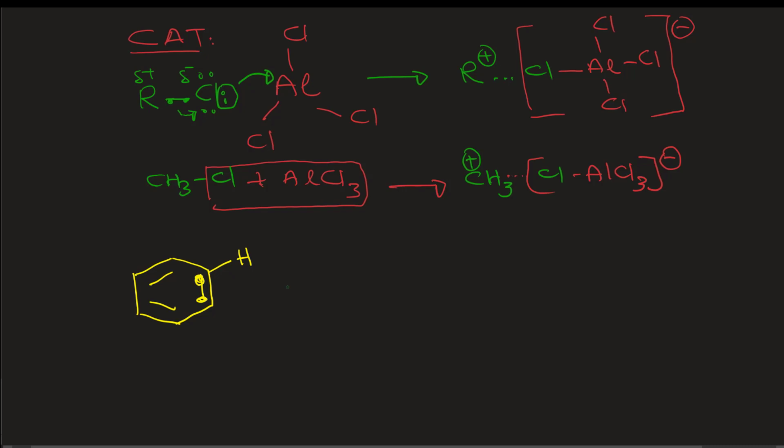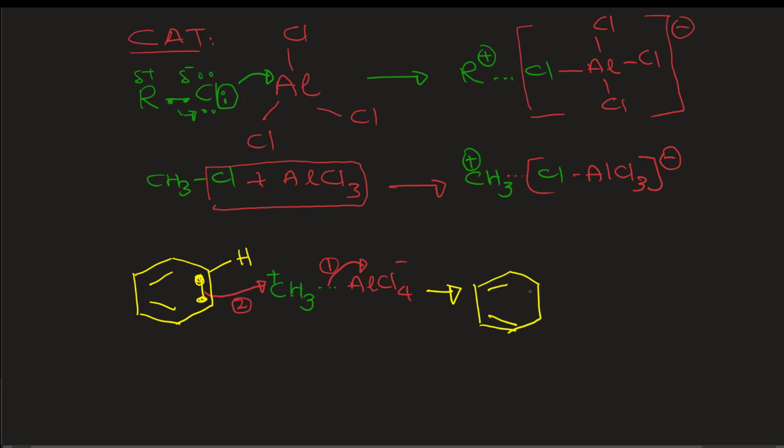Now we can bring in the alkyl plus, the carbocation. Now this one is sitting with the counter ion, the aluminum tetrachloro negative ion. First arrow to the catalyst, second arrow the pi bond attacking the carbocation, the R plus. Now we've done it.